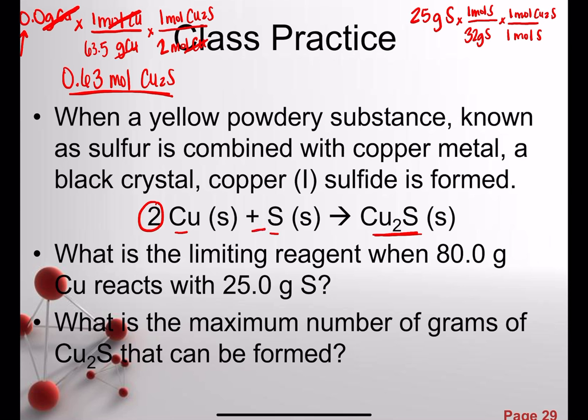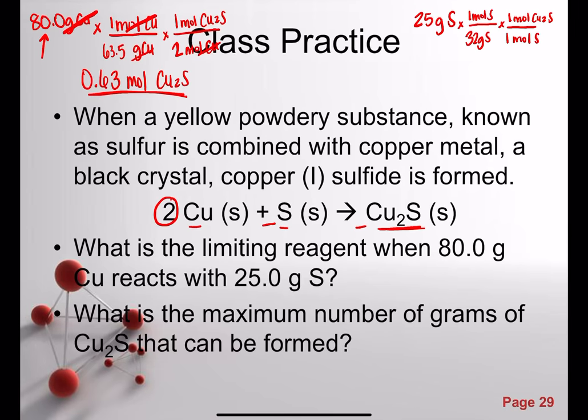Okay, there's no coefficients there, so that makes it a 1-to-1. All right, so when we put this, we'll make sure everything cancels out so we know we've set it up right. So 25 divided by 32 is 0.78 moles of copper sulfide.